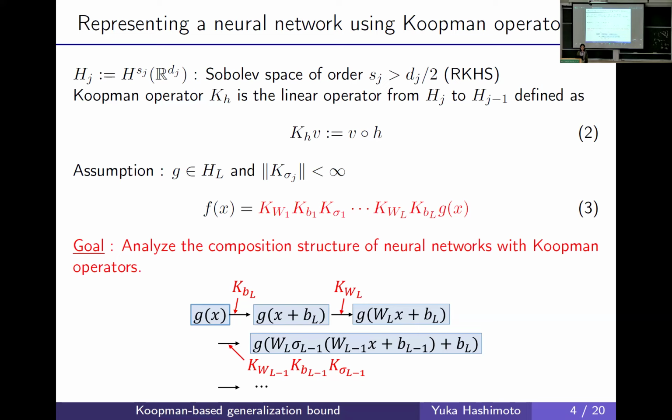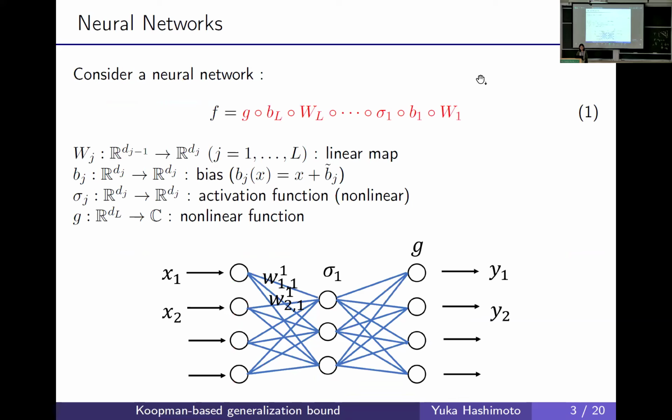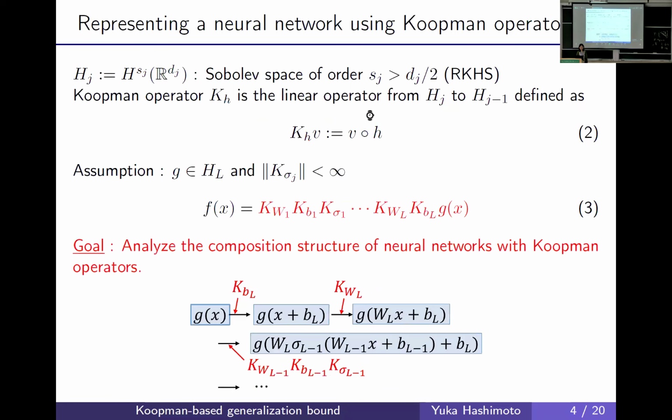By using these Koopman operators, we can represent the composition structure of the neural network, and as a result, we get equation number 3 like this.